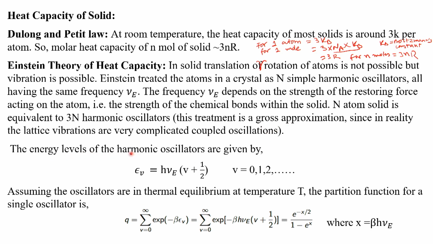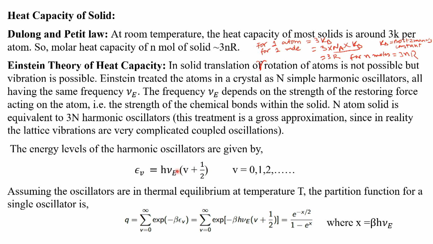The energy levels of the harmonic oscillators are given by, for a simple harmonic oscillator, the energy is EV, if we say V is the different vibrational energy level, okay. So EV is h nu times V plus half.